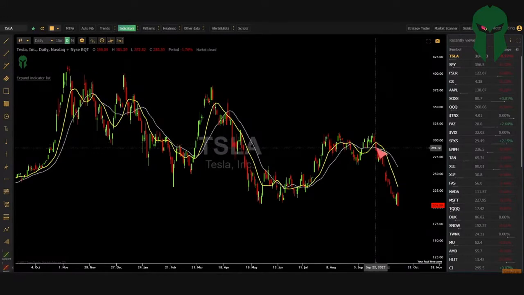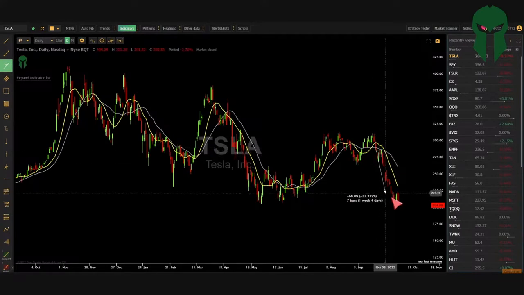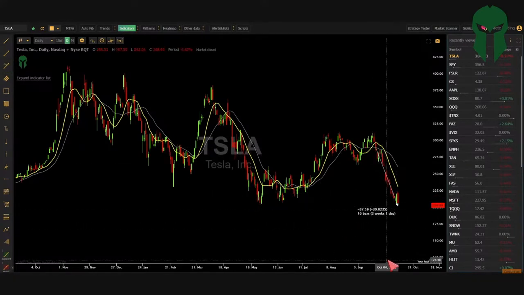If you shorted Tesla here, based upon this system, we haven't even gotten to the additions and scale. We haven't gotten to any of that yet. But if you just added here, right, an entry, this is what you're up so far. Just off this one idea, you're up 30%. You're going about your day. You're not worried about anything.